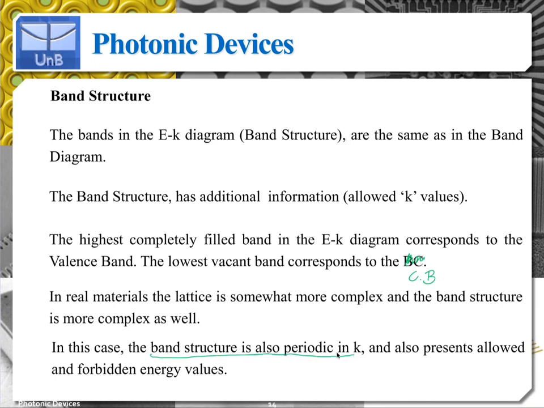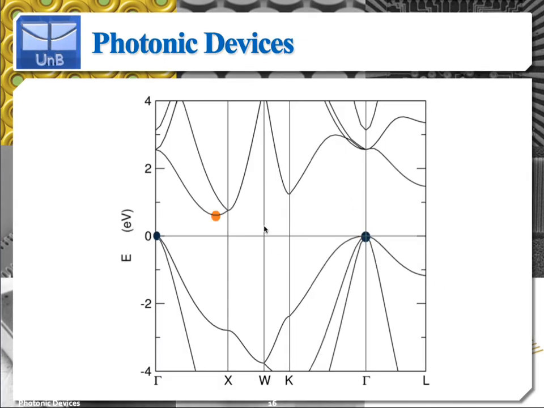Periodicity in K still takes place, and you also see allowed and forbidden energy values, but the bands themselves, although periodic, may look somewhat more complex. Just to give an example, this would be the band structure or part of the band structure for silicon. So you see that the bands here have much more complex geometries, but they are periodic as well.